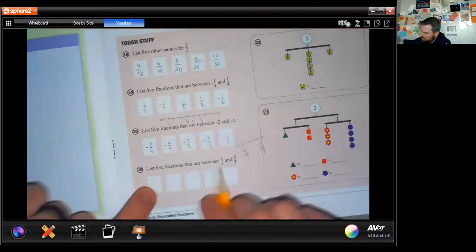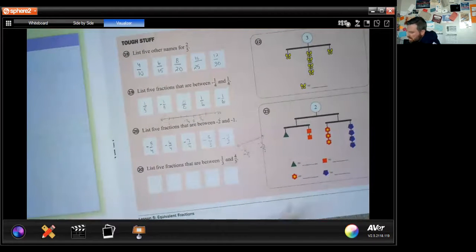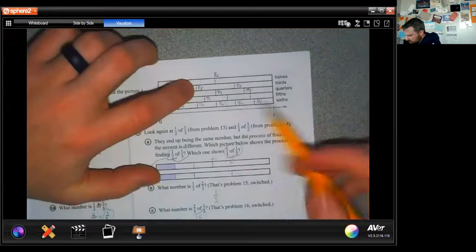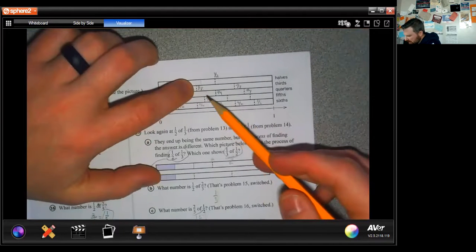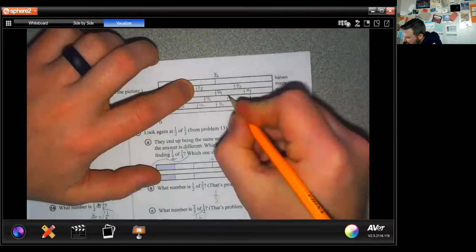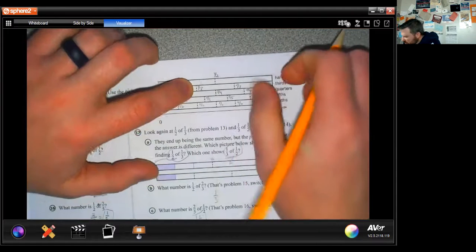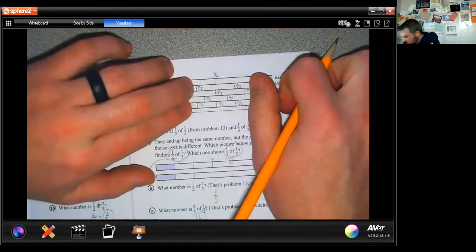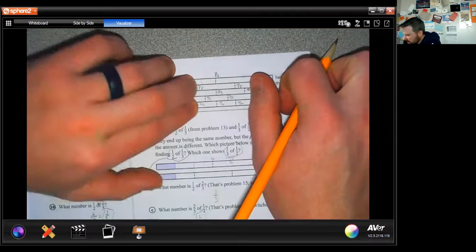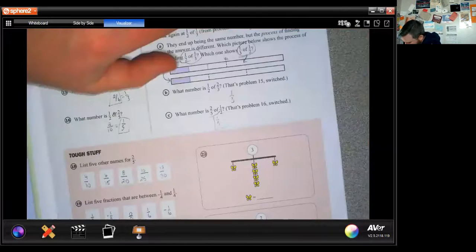List 5 fractions between 1/3 and 4/5. So we'll come back up here. 1/3, and this is 3/5 and 4/5. So list numbers between 1/3 and 4/5. Okay, I got 2/5 and 3/5.